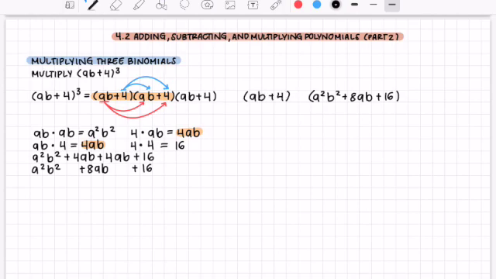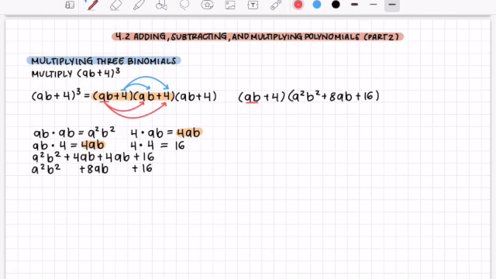Okay. So now I'm going to multiply those two together. I'll leave it right here. I'm going to move this to the side over here. So again, we only multiplied these two together, so I need to multiply my answer from these 2 with the last ab plus 4.